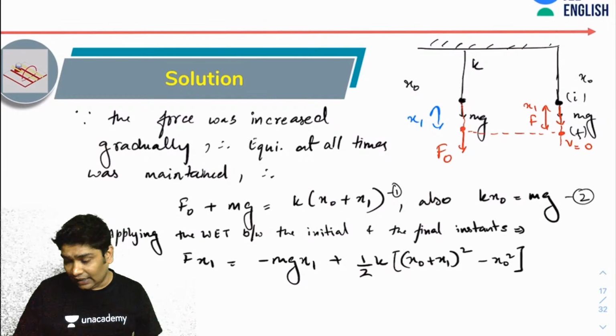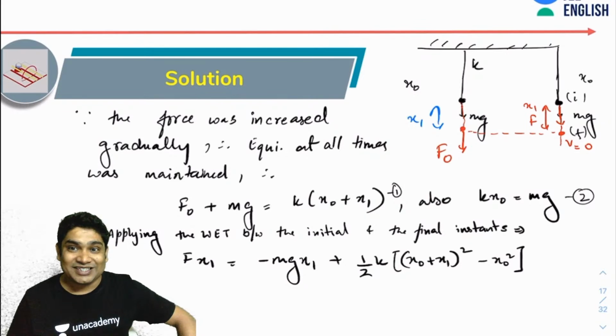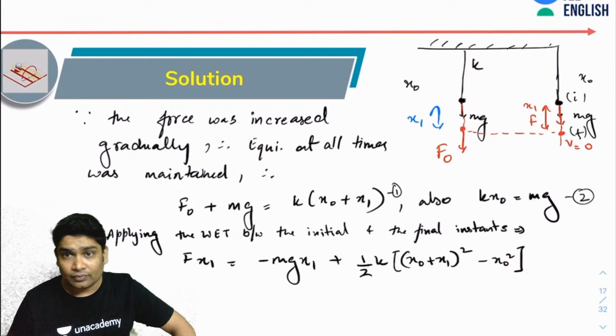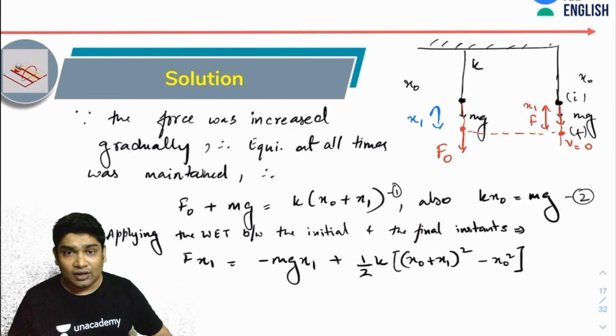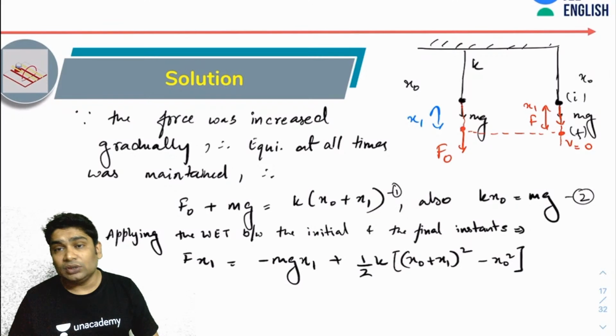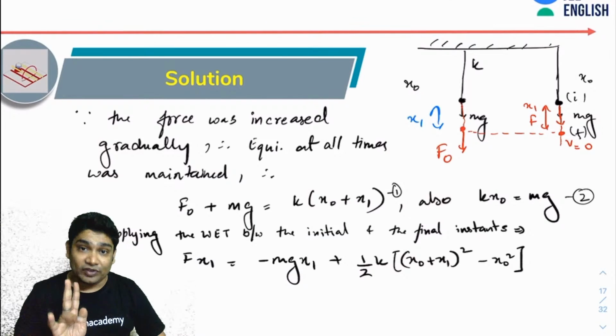Do you realize that this is the equation for the work energy theorem? If anyone has any objections about this equation, let me know. Is everybody fine with this? Do you understand how I have written this? Work done by F would be equal to the total change in potential energy and the total change in kinetic energy of the system. The kinetic energy was initially 0, is finally 0. The potential energy has changed in two ways.